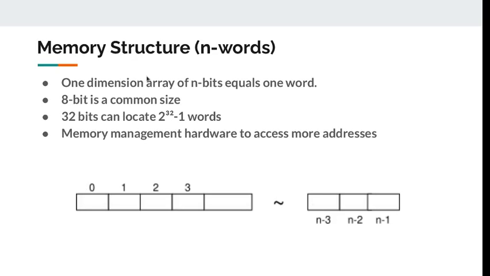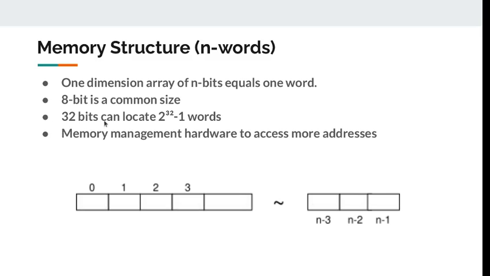So the memory structure is basically based on words. So a size of bits that's stored in memory is the word that we're gonna use. So it's a one-dimensional array of n bits equal to one word. So you can have 8 bits, which is a byte. It's a really common size in some types of computers. Nowadays you have 32 bits, and you can locate 2 to the power 32 minus 1 words if you have an address of 32 bits.